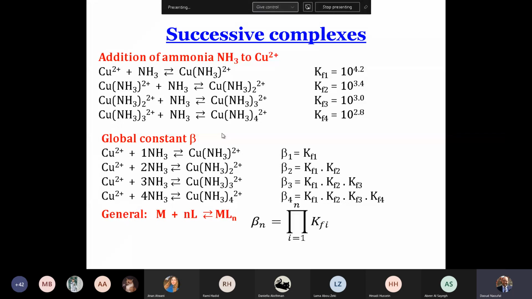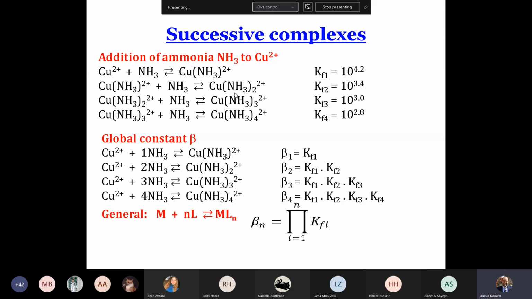So what is the meaning of 4 possible complexes? When you add NH3 to Cu2 plus, you can obtain complex 1, complex 2, complex 3, or complex 4. And Kf1, Kf2, Kf3, Kf4 are given. Pay attention that Kf1 is the formation of complex 1 from its initial metallic ion and its initial ligand.